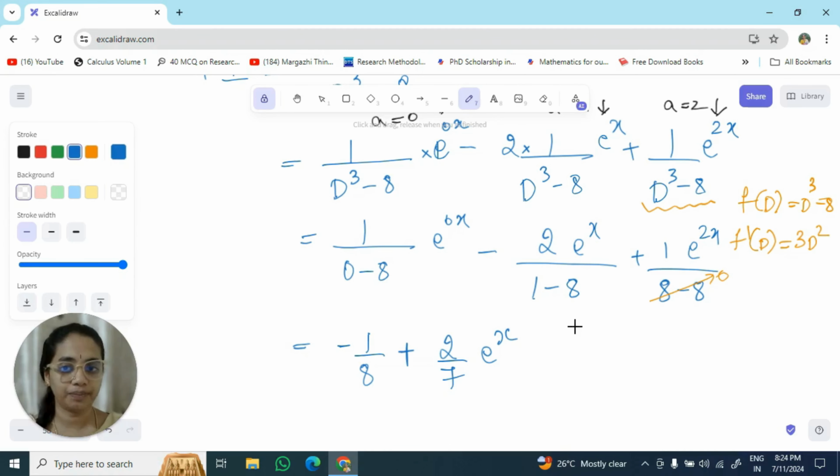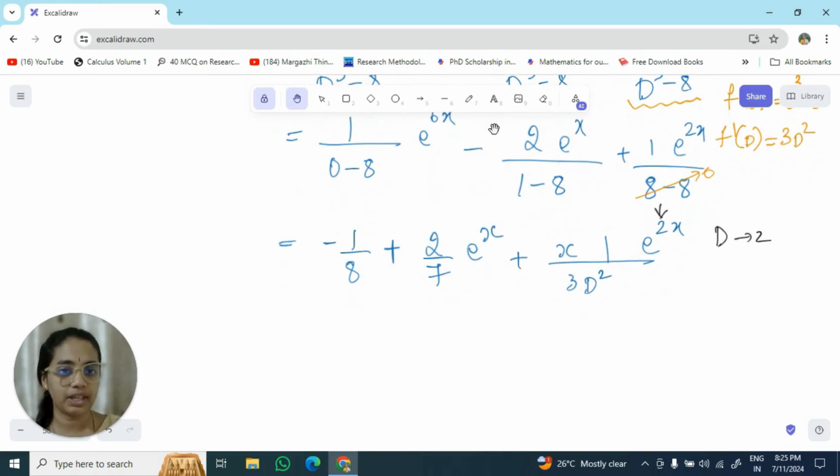So we have plus x in the numerator, replace the denominator with 3D², and the numerator remains the other term, e^(2x), as it is. Again, the value of a over here is 2, so replace D with 2 in the last term.